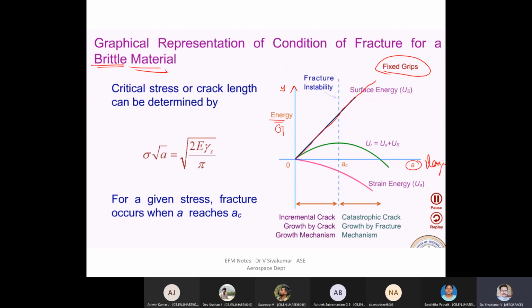There are two conditions we have explained: constant load and constant displacement. Fixed grip means constant displacement. In that case, the strain energy comes like this. It is a negative term.